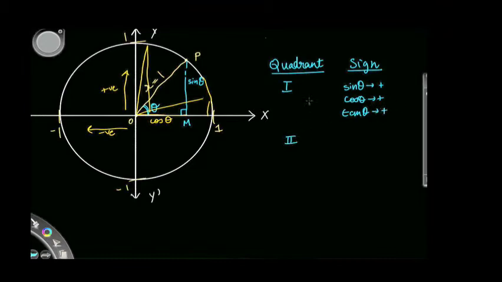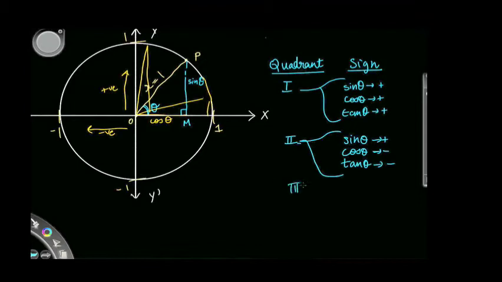In the second quadrant, sine theta is positive, cos theta is negative, and since tan theta is sine theta by cos theta, tan theta is also negative. In the third quadrant, everything is negative except tan theta, because minus by minus is plus.